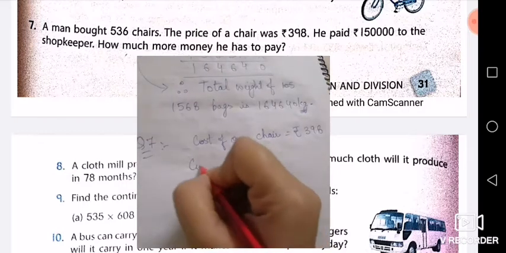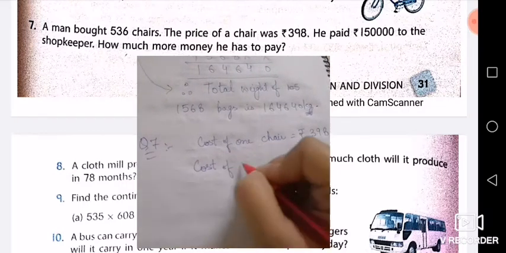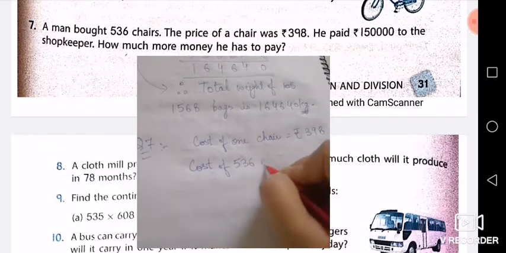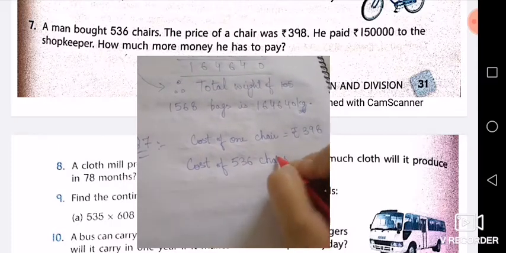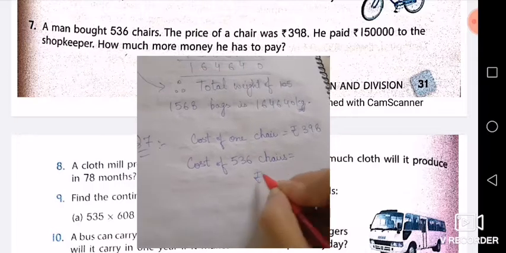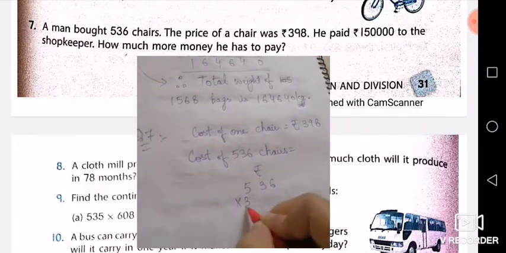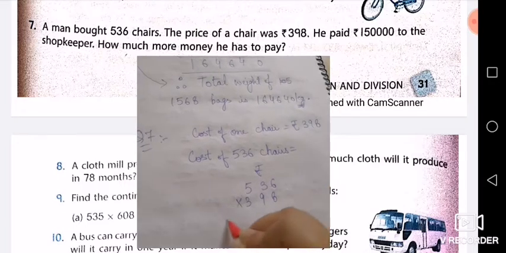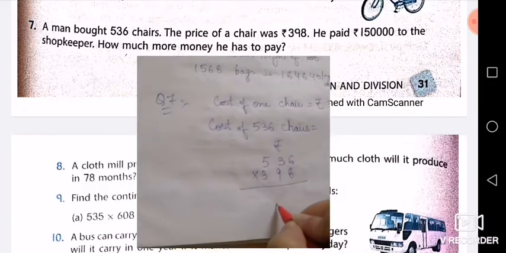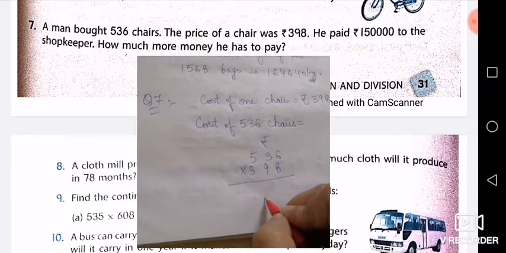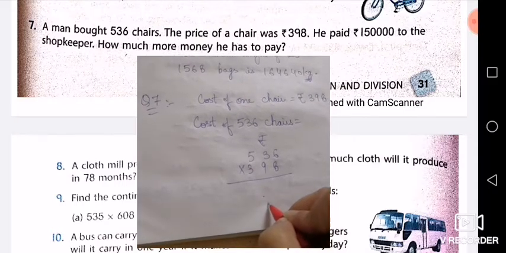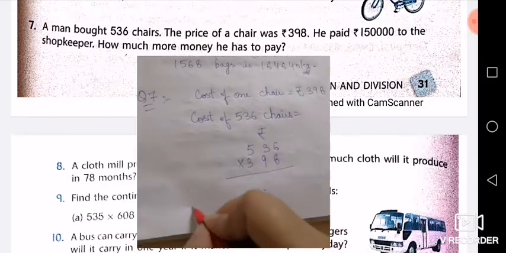Then you have to find out cost of 536 chairs. So this you are going to multiply, 536 multiplied by 398. Whatever you are getting here, out of that you will subtract money paid.